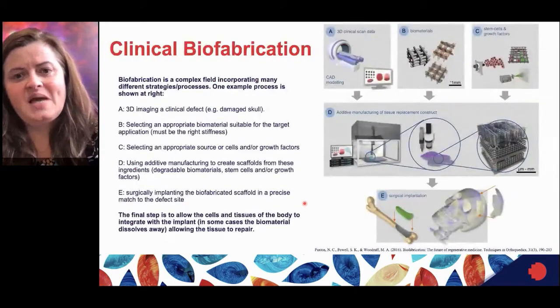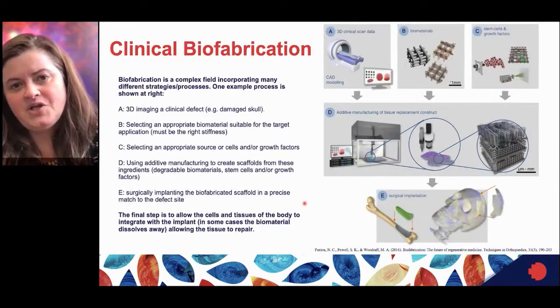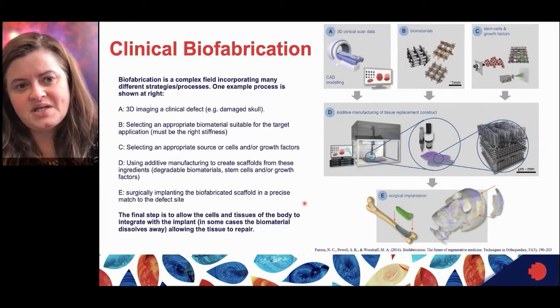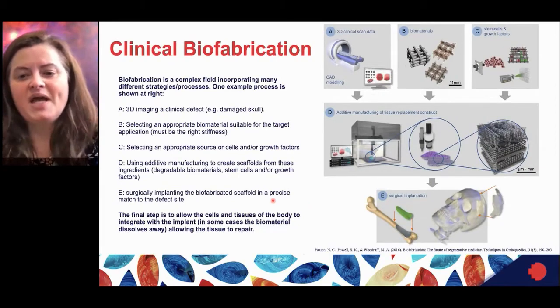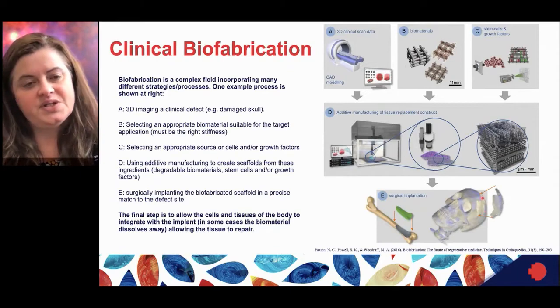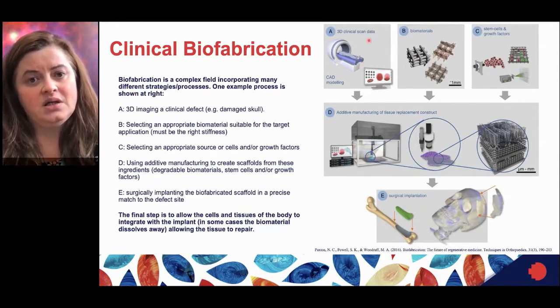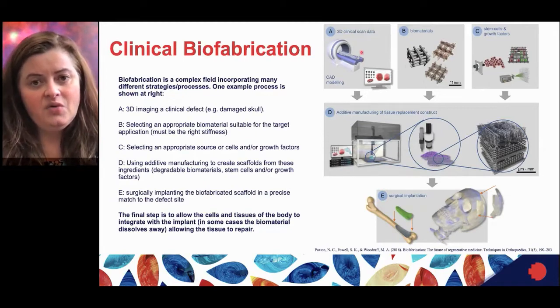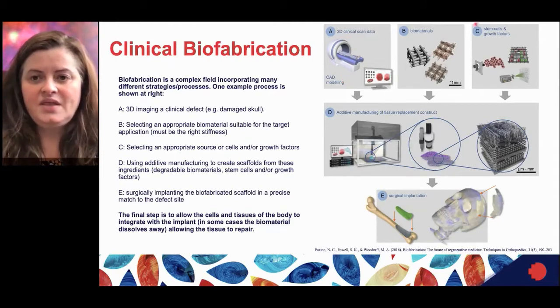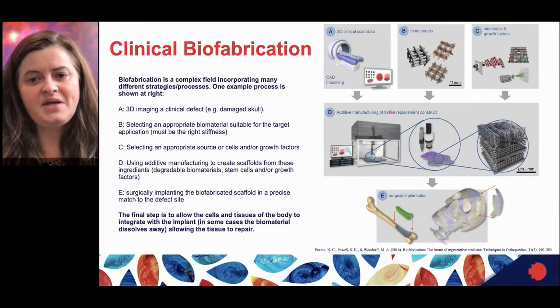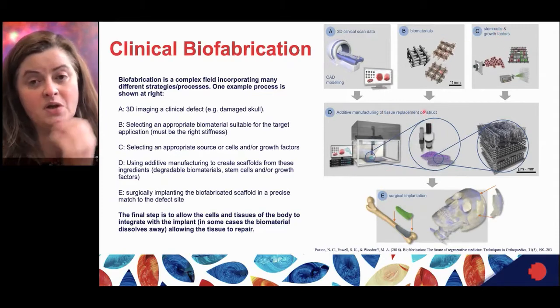So this is an example of how biofabrication can work in the clinical setting. You might have a patient that comes in with a rather severe skull fracture, and the patient will then get a clinical scan of that fracture, and a computer model is made based on the defect. Then biomaterials and stem cells and growth factors are brought together and manufactured to make a tissue replacement construct that gets implanted back into the patient.